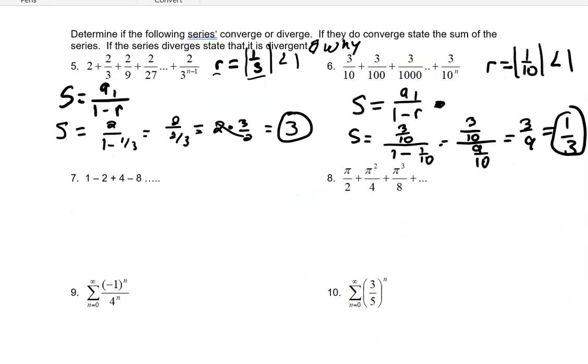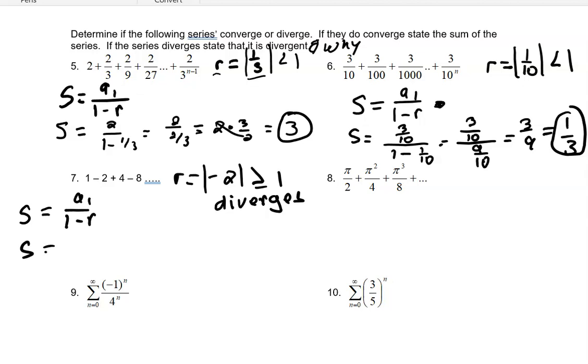Number 7 now, you just have to be really careful with this, because if you don't recognize that our ratio is a -2 and the absolute value of that is greater than or equal to 1, and we know right away that this diverges, then it's easy to get this wrong, because you can definitely use this formula and say that the first term divided by 1 minus my ratio will give you a number. We could plug in a 1, and then we would do 1 minus, and our common ratio is a -2.